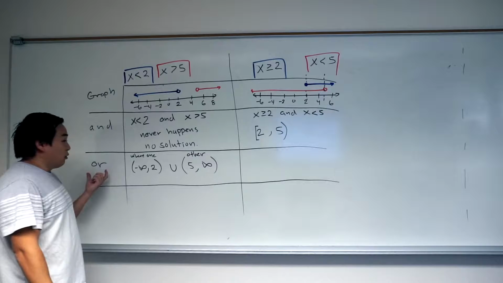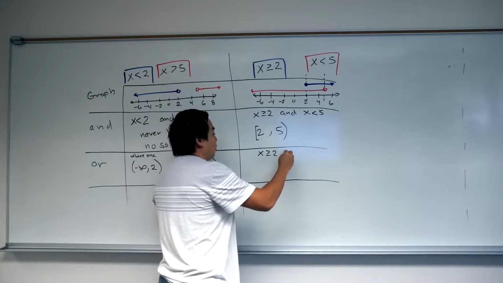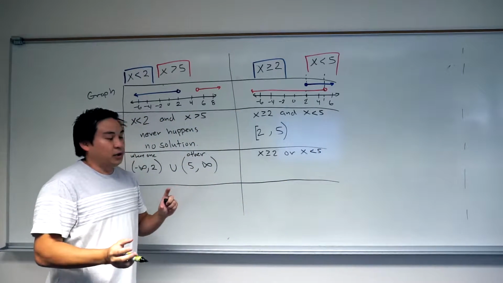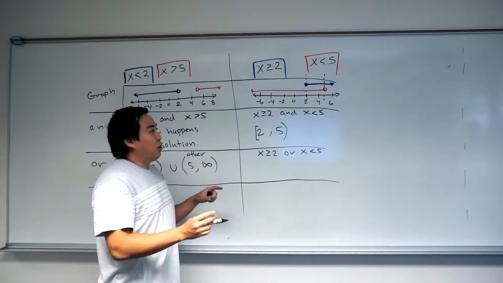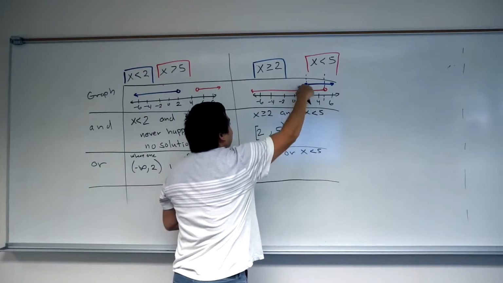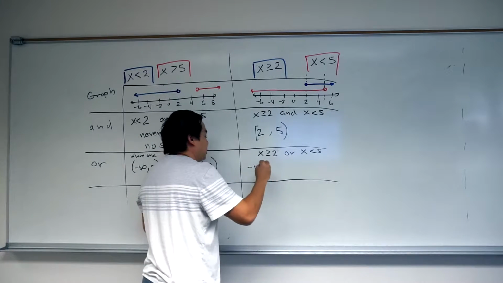And then lastly, the "or," right? If we wanted to change this to "or," this happens where one, the other, or both happens. So the part where only one happens, can we see, is right there, which is negative infinity up to 2.